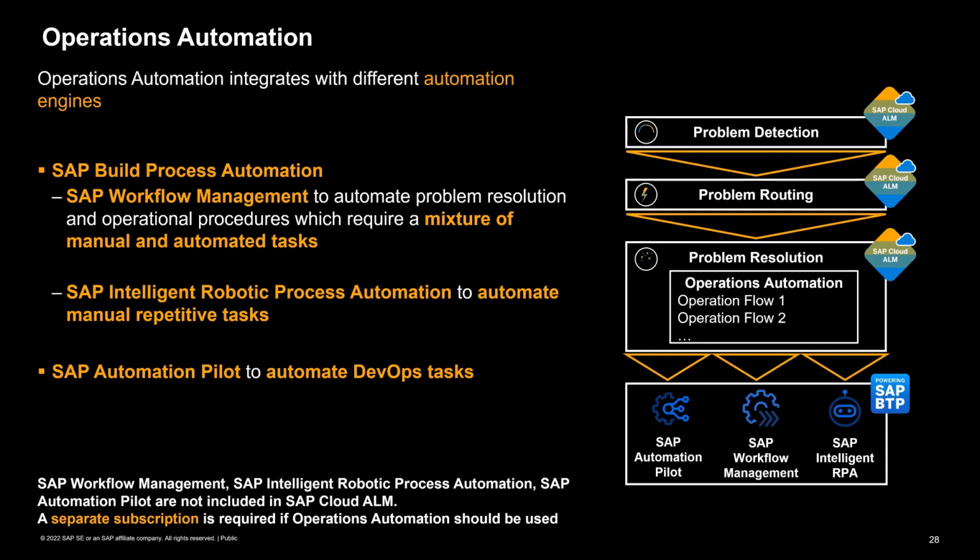As a second operations automation engine, SAP Cloud ALM integrates with SAP Intelligent Robotic Process Automation to automate manual repetitive tasks by UI automation. And as a third capability today, it supports the integration with SAP Automation Pilot to automate DevOps tasks.